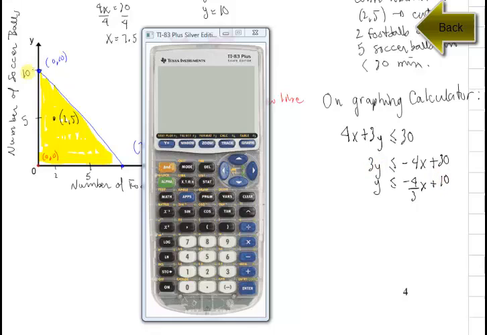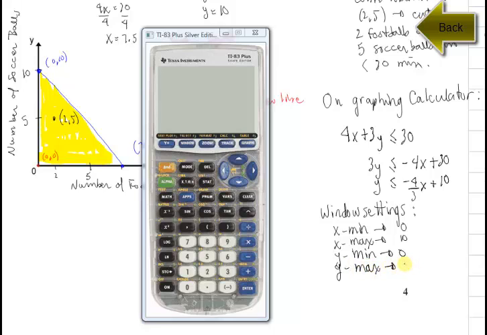Okay, and because we've already manually graphed this, you can see that your x and y max will be at 10. So for our window settings, we will have a x min at 0 and x max at 10, a y min at 0, and a y max at 10.